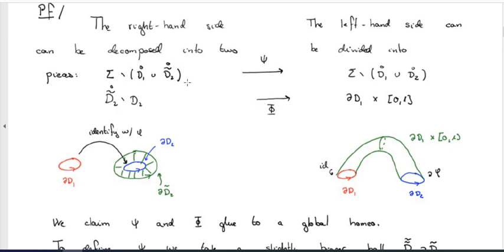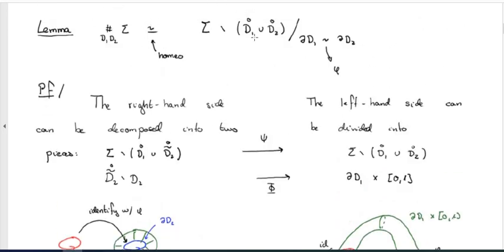And now the claim is that the rest of the surface, sigma minus the inside of d1 minus d2 tilde interior, so I've also removed this green part, is in fact homeomorphic to the surface minus the two original disks. Okay, so if I construct these two identifications, big phi and psi, and I define them correctly, then they will glue to a global homeomorphism between these two surfaces.